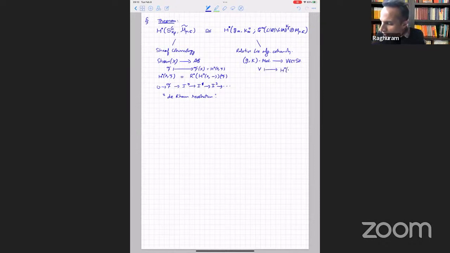I look at H0(g, K; V). So this is all those vectors which are killed by everything in the Lie algebra and fixed by everything in the maximal compact.